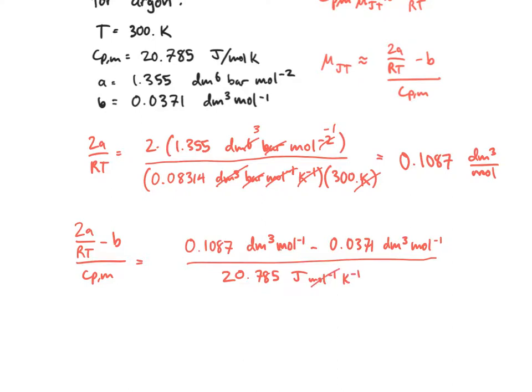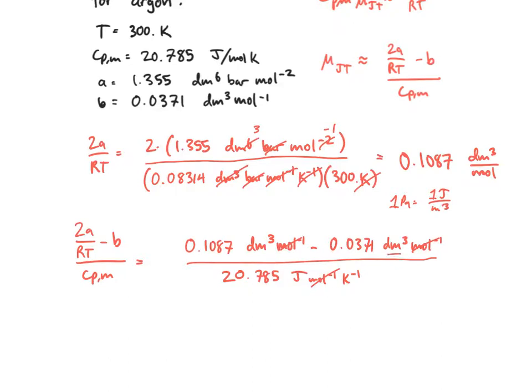All right, right away our moles cancel out, but I also notice another problem. I'm going to need the Joule-Thomson coefficient to be in units of pressure that we can work with. And I can begin to see the units of pascals, which, remember, 1 pascal is equal to 1 joule per meter cubed.